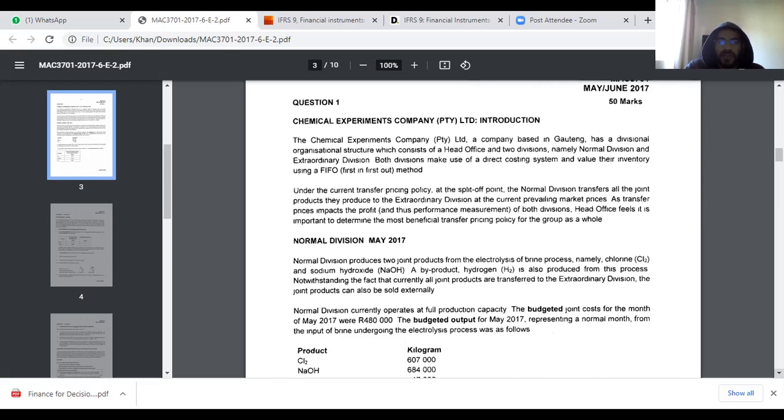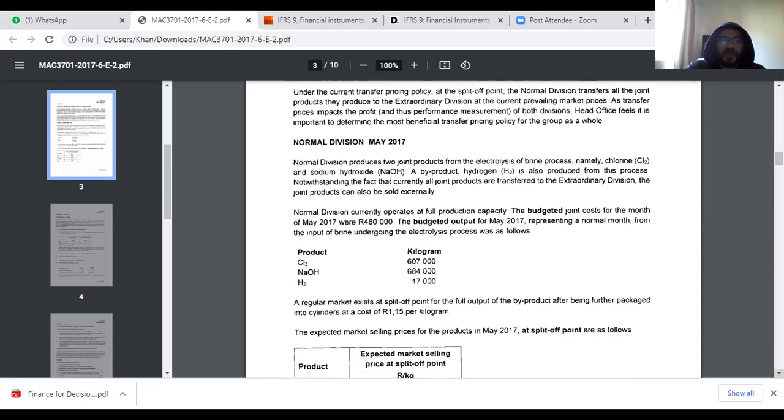So what comes out? 607 kilograms of chlorine, 684 kilograms of sodium hydroxide, and then 17,000 kilograms of hydrogen. As you can see, the kilograms of hydrogen relative to chlorine and sodium hydroxide is minimal. That is why hydrogen is a byproduct and not a joint product.